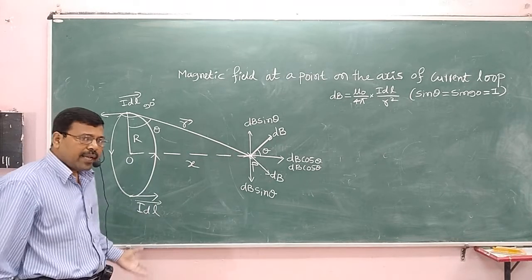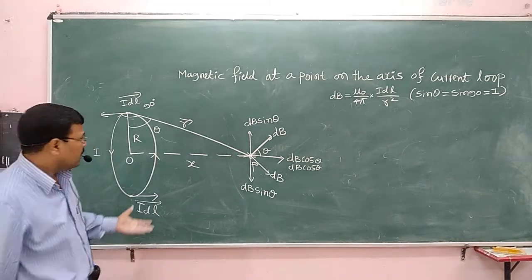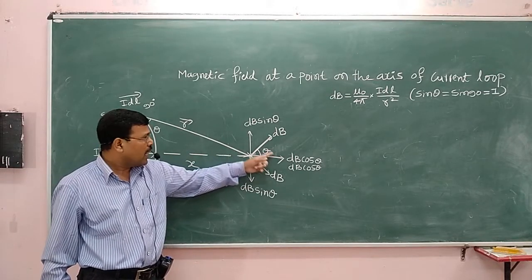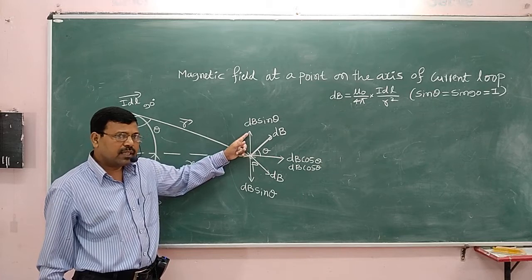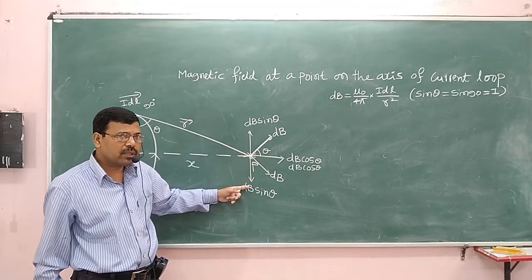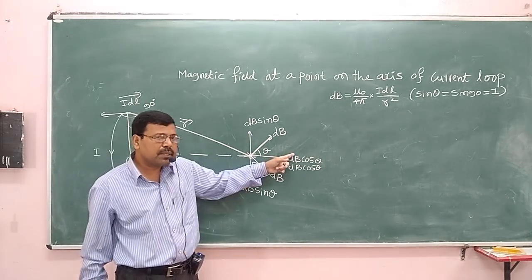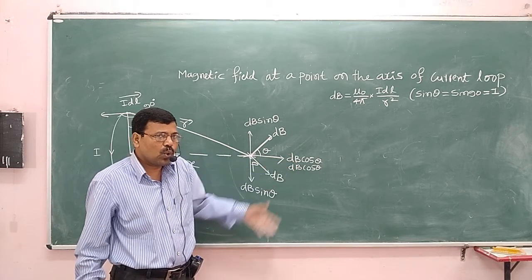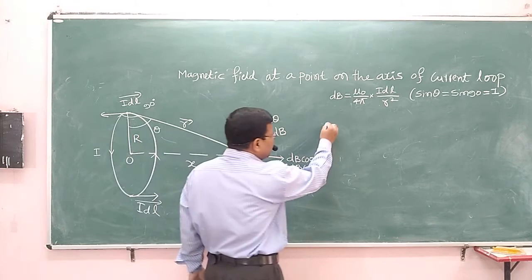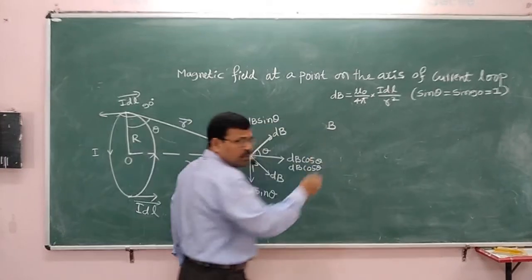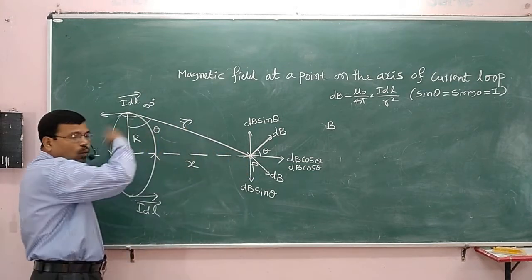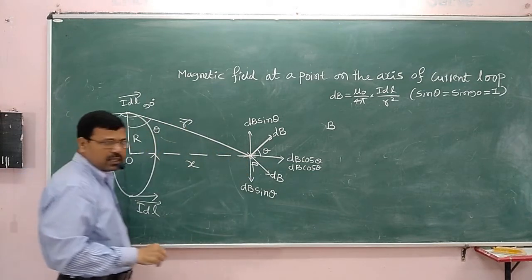Okay, as we know, here dB cos theta and dB sin theta. dB sin theta cancelled with the dB sin theta. dB cos theta is added to dB cos theta. So, the total magnetic field produced at this point is due to only dB cos theta.